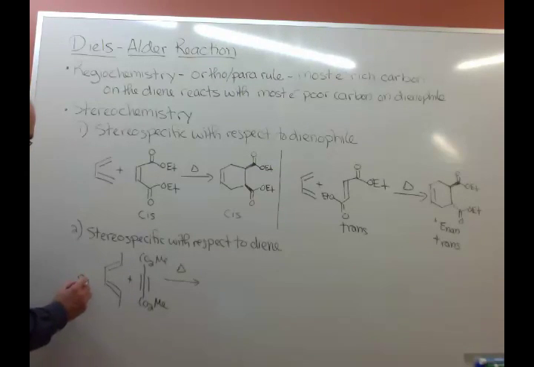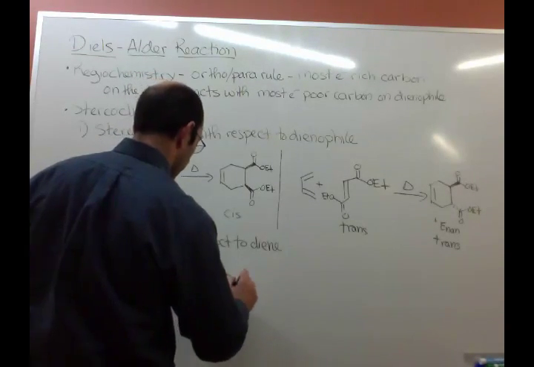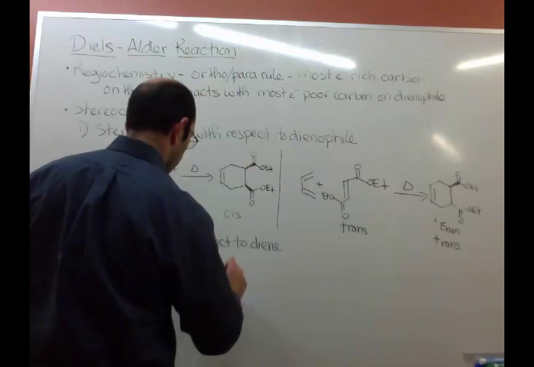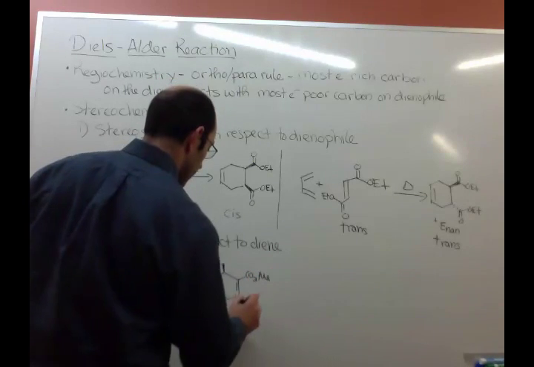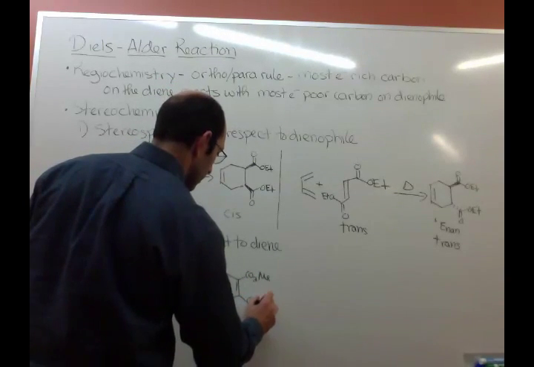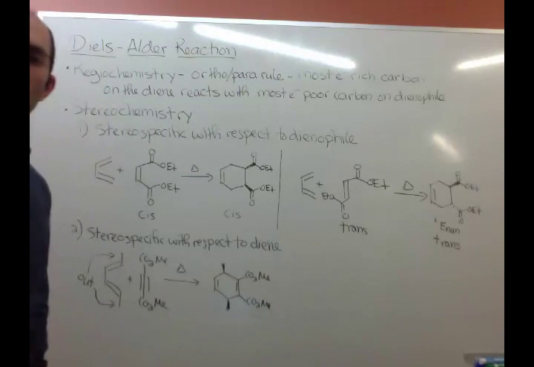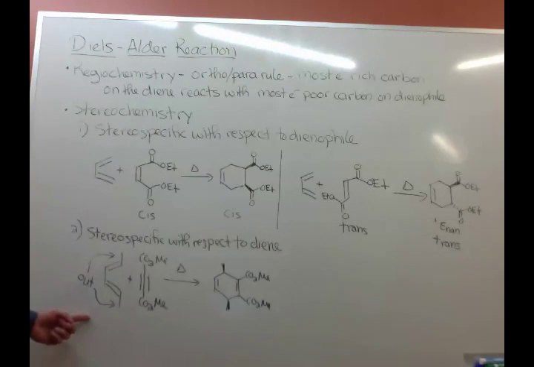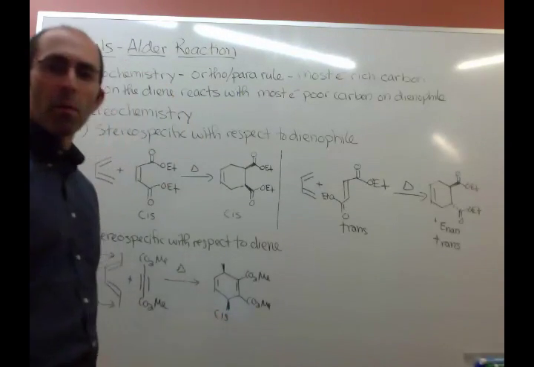These things are what we'll call pointing out from the diene. That's where the new stereocenters are going to form. We're going to form that compound where these two things are pointing out. They end up cis in the product.